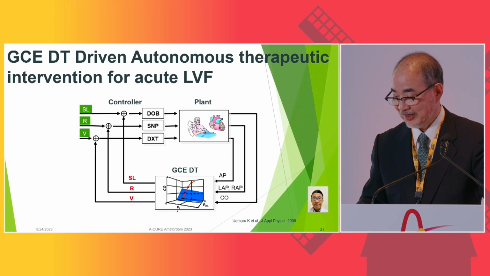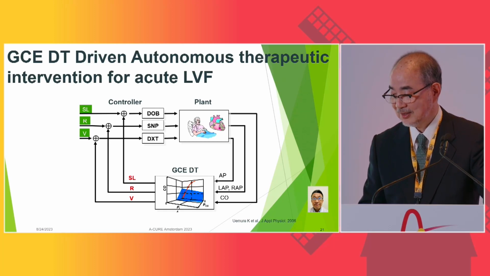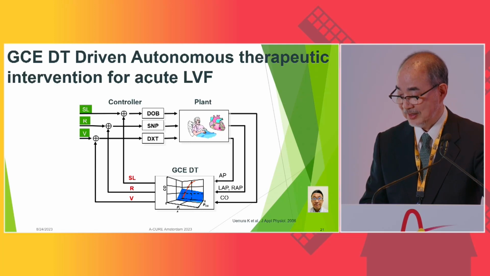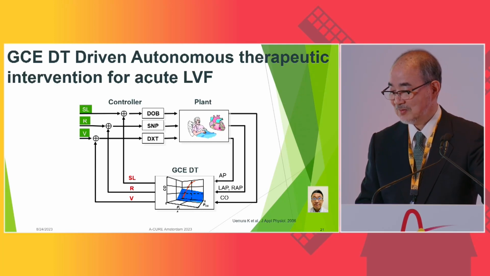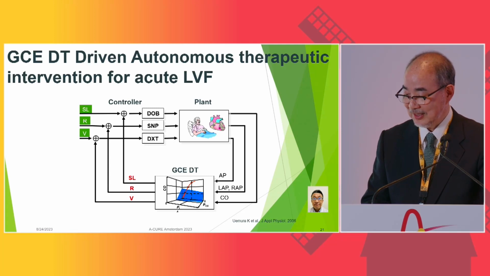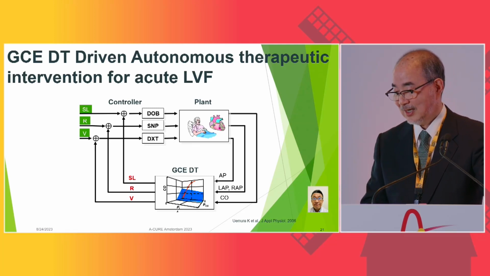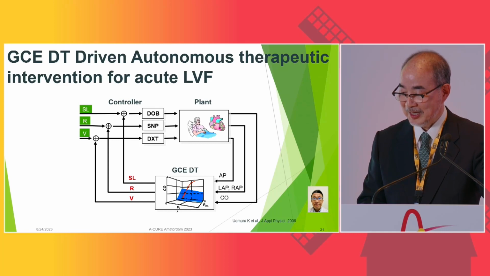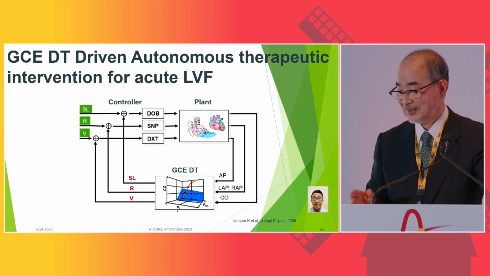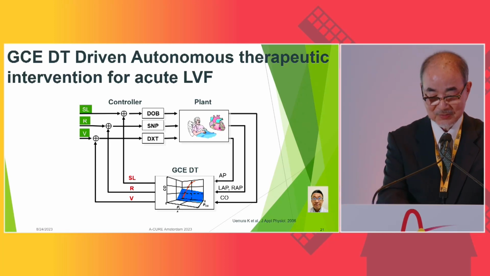Those variables are measurable in the patient, and we send that signal into the digital twin. The digital twin estimates what's wrong in the system, then treats it with a pre-learned drug library, sends the signal to the patient, and sees what happens.